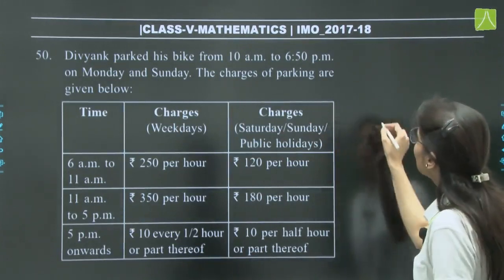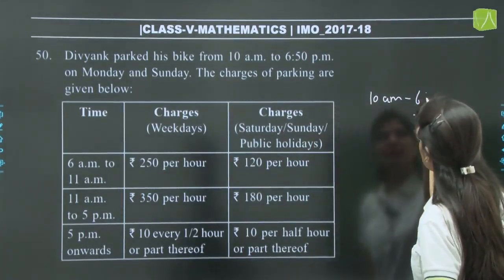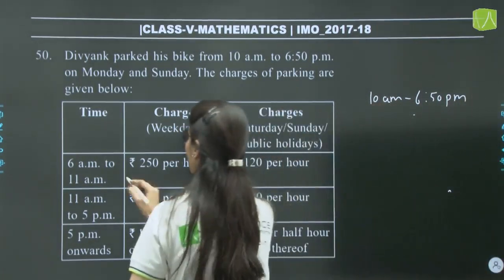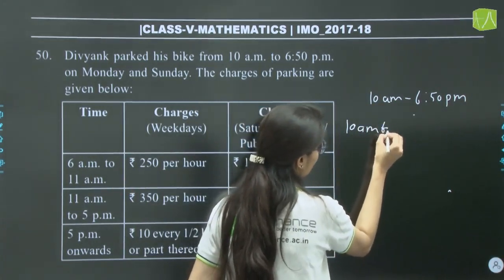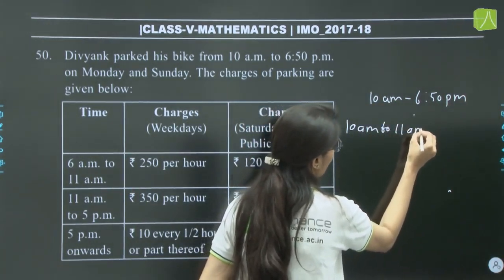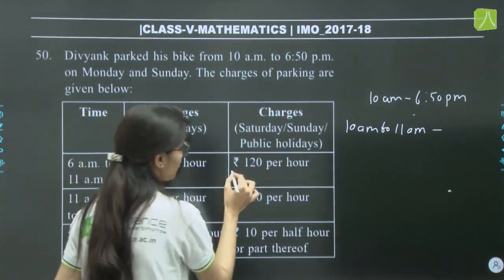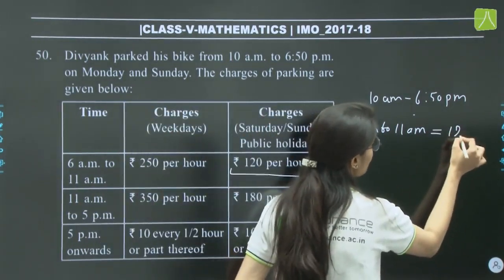Again, we do it in parts, from 10 AM to 6:50 PM. First, 10 to 11 AM. The charge for Sunday is 120 rupees per hour, so for 10 to 11 AM it will be 120 rupees.